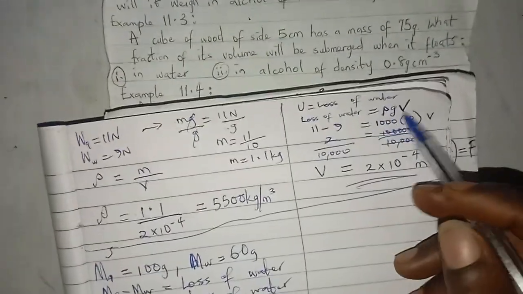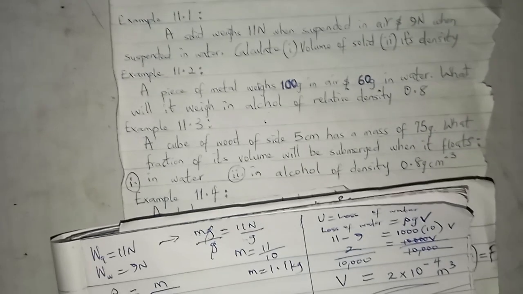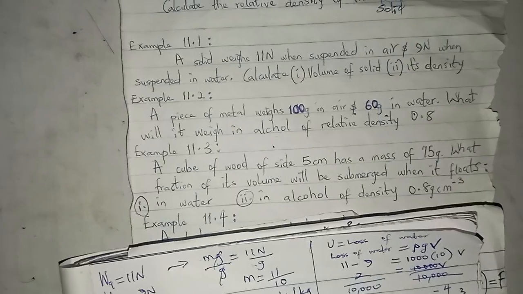In this place, I could have just said loss in water equals rho g V, but it depends on what they're asking me to find. And they're asking me to find the relative density of alcohol, so I need to connect it.